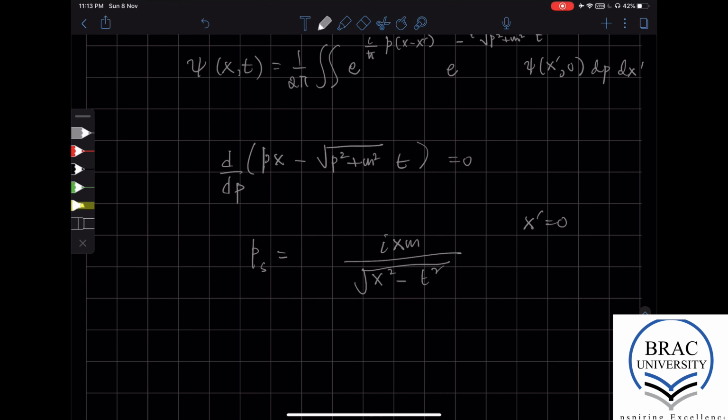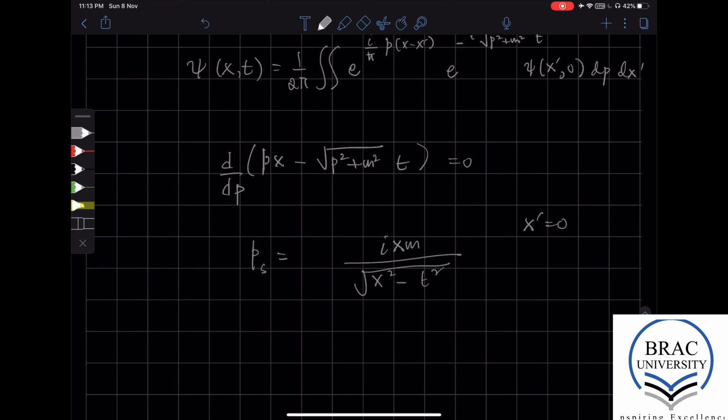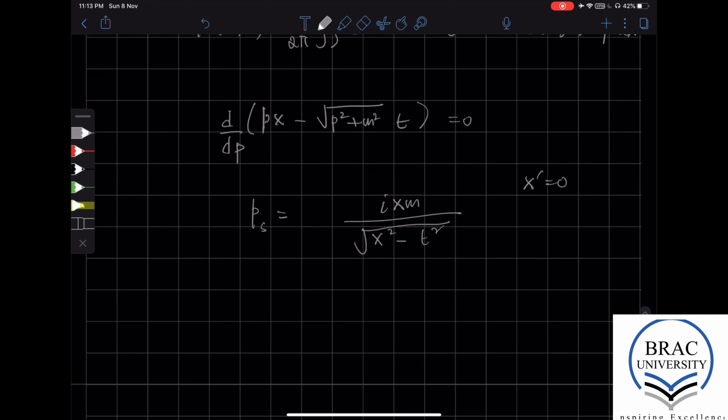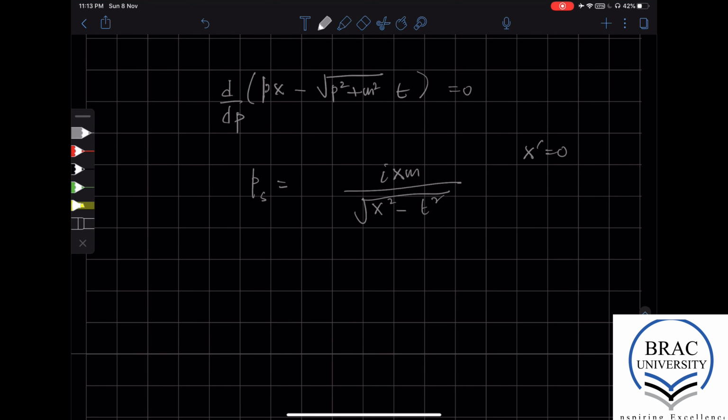So once we do this, we can now put this back into our integral, and the dominant contribution to the propagator will then be e to the power i over h bar.